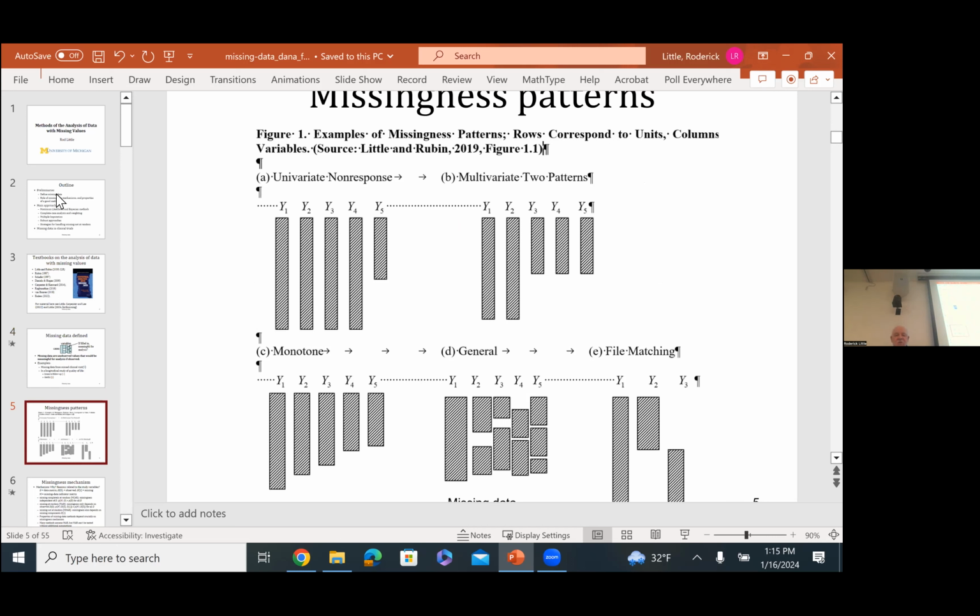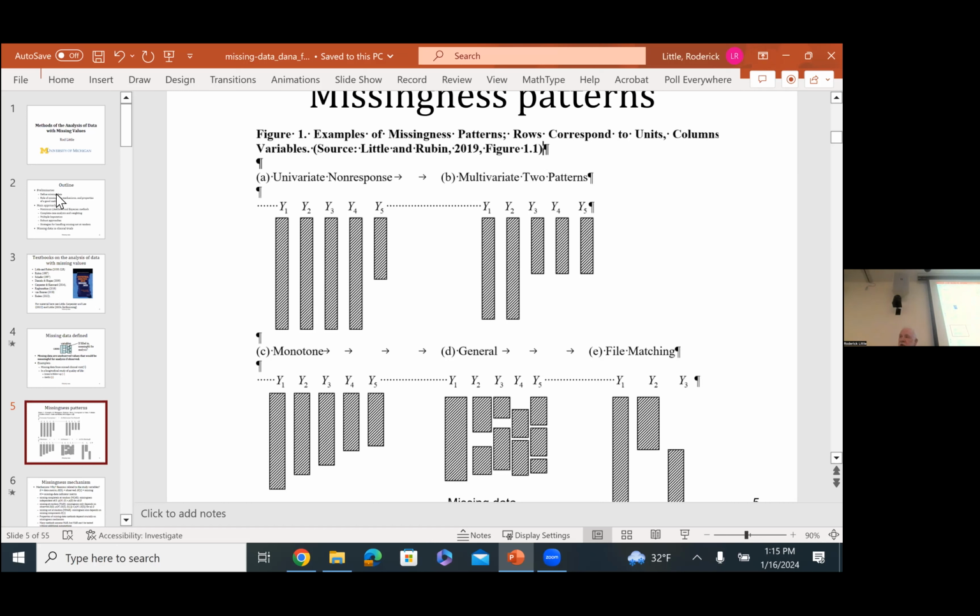There are various patterns of missing data. The first pattern, in A, is where missing data is confined to a single variable. That's simple univariate non-response. Then there's multivariate, where you have two patterns.